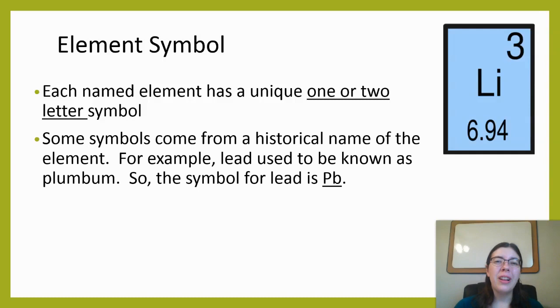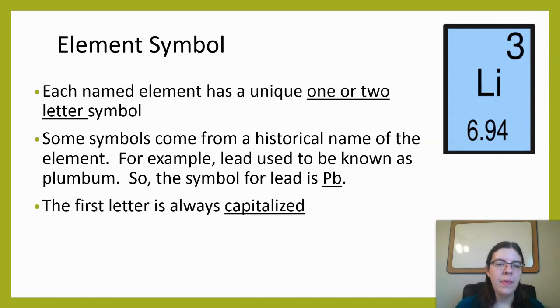So for example, lead used to be known as plumbum. So we don't call lead plumbum anymore, but it was used for so many years it kind of became just what people called it. Everyone knew it as that. So the element symbol for lead was set as Pb a whole long time ago. So we honor that tradition today and still use the element symbol Pb for lead, even though there's no P's or B's in the word lead. And you'll see that with some other elements as well.